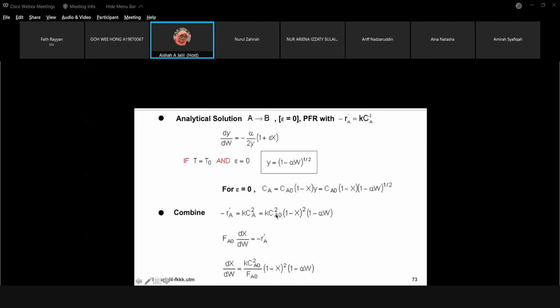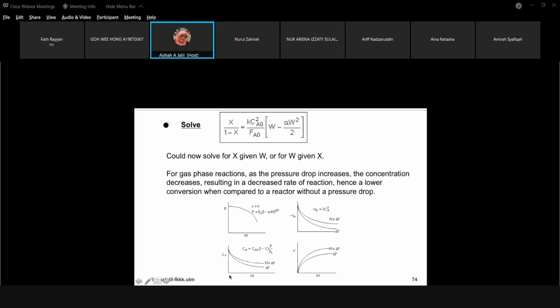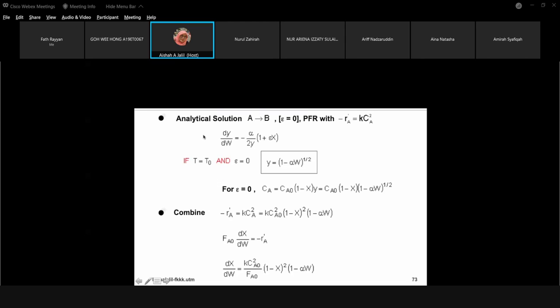You can get CA naught power of 2, 1 minus X power of 2, but this is half, so 1 over 2 multiplied by 2, it becomes 1. So you can get this one for the PFR. So the PFR modular equation becomes like this. Do you understand? And then you can solve the question.